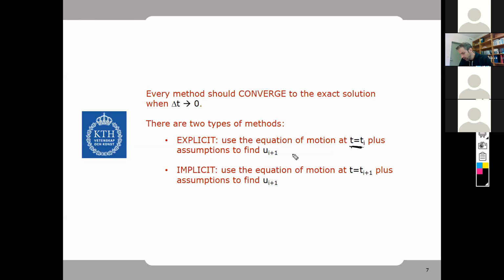Okay? The implicit method, we are trying to guarantee things about the new value that we want to calculate. We have calculated the values of the displacement, for example, up to a certain point, and we want the next value that comes to have some properties, in that it fulfills the equation of motion.